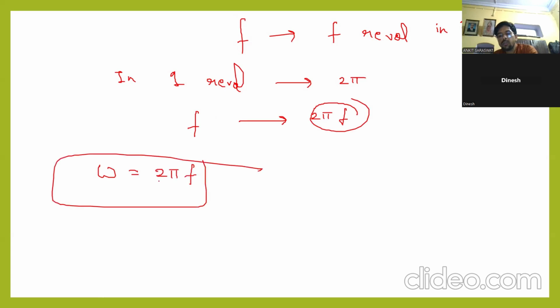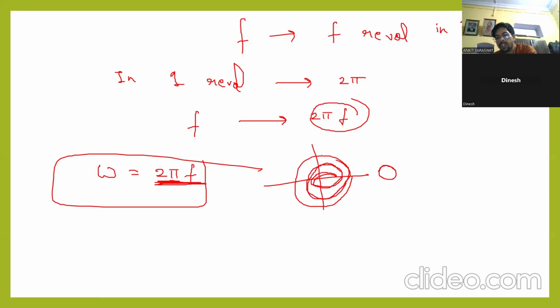Why is it angular? Because this 2 pi is coming. How much angle does it travel in 1 second? Let us suppose in 1 second it travels this much angle. It started from here, travels this much. How much? This is 2 pi, 4 pi, then 6 pi.